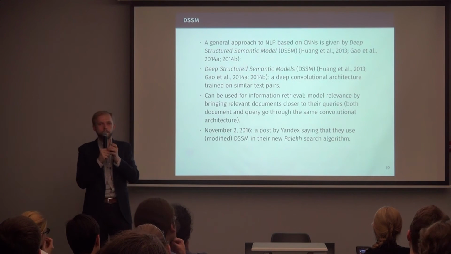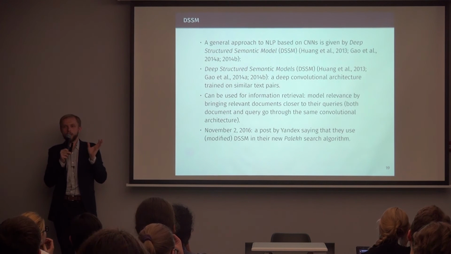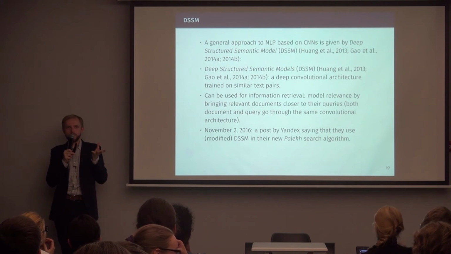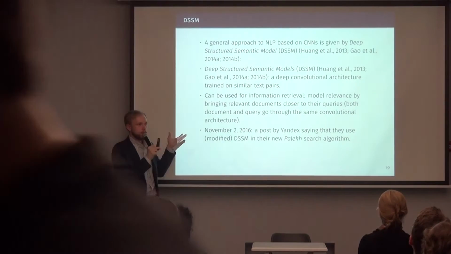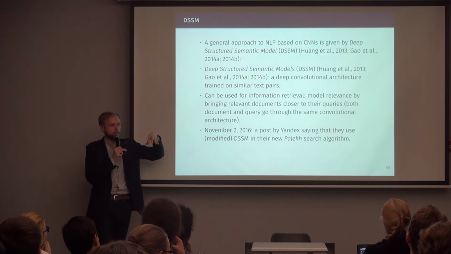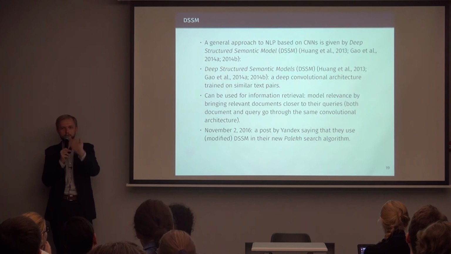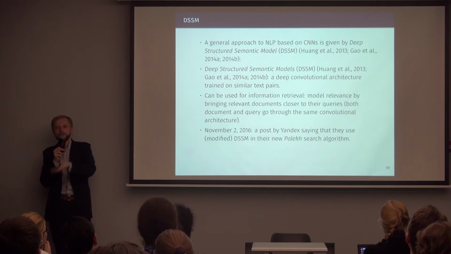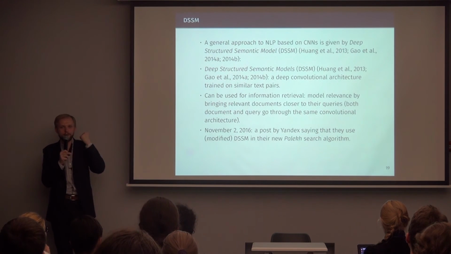But I just wanted to mention one specific application. When I said that you can try to capture semantic similarity, the application they actually had in mind, and the mainstream application of this thing, is semantic search. Okay? So now suppose that one of the texts is a query and another text is a document. And you try to capture the semantics, and the semantic similarity basically now means relevance. Right? So how relevant this document is to this query.